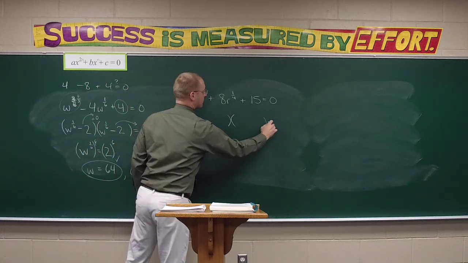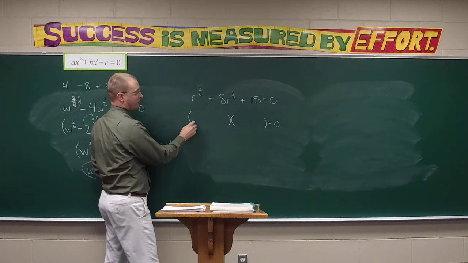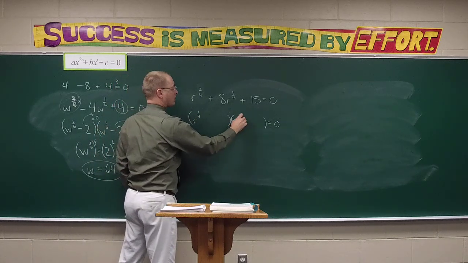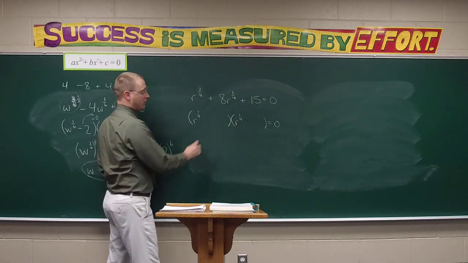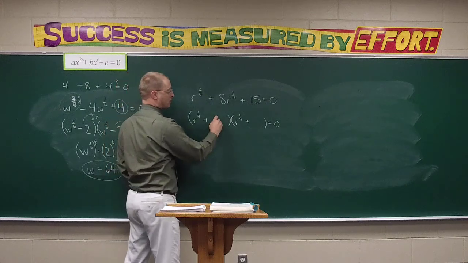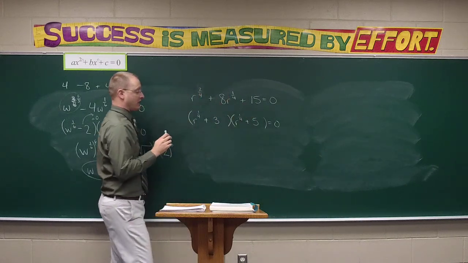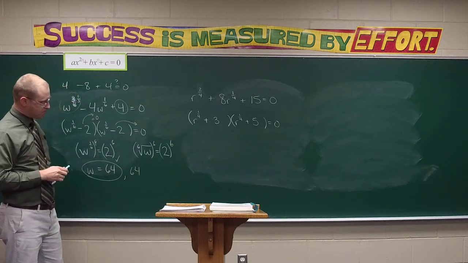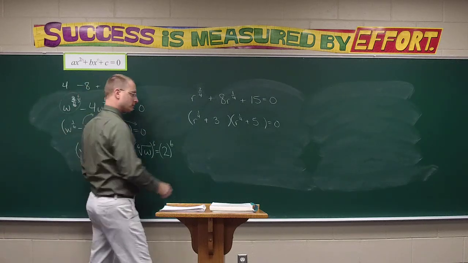R to the 1/4, R to the 1/4. Positive and positive. And 5. And checking the outer inner. Yep. All right, Michael. Then you gotta set both equal to 0.